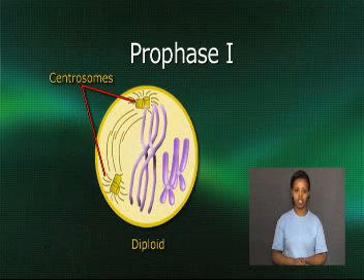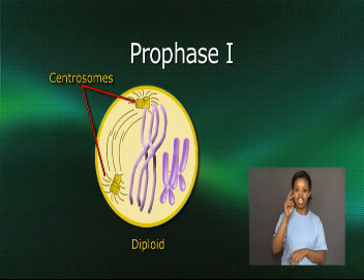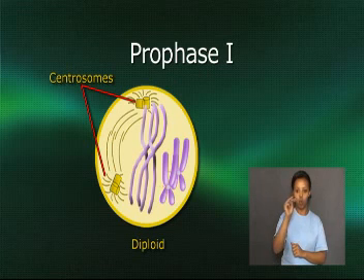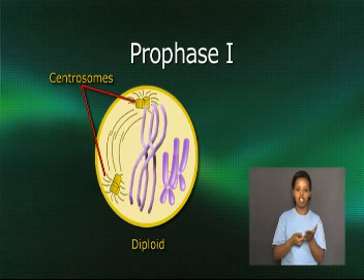During prophase I, a segment of DNA is exchanged between homologous chromosomes. This process is called homologous recombination and frequently results in a chromosomal crossover, which is an exchange of genetic information.